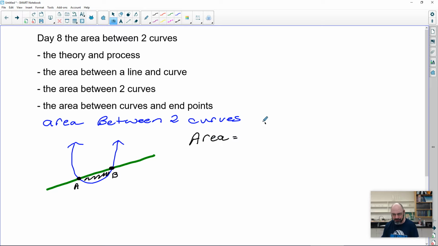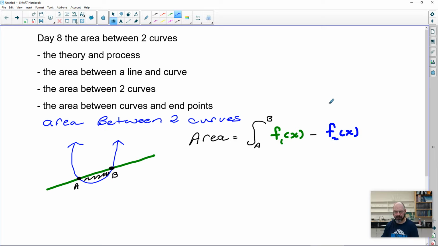Okay, and the area between two curves would then be the integral from B to A, whatever those points of intersection are, of the top curve, which will be the green curve, we'll call it f of x1, subtracting the bottom curve, which is going to be the blue curve, which we'll call f of x2, dx.